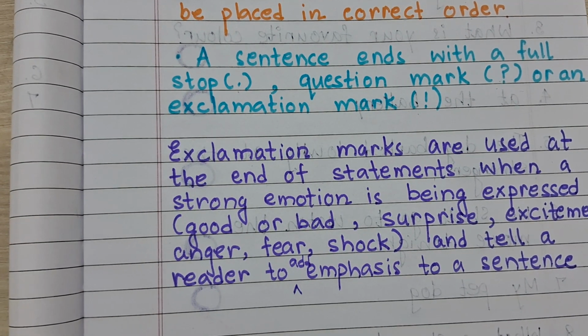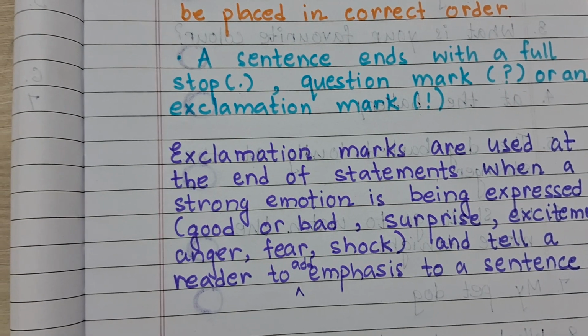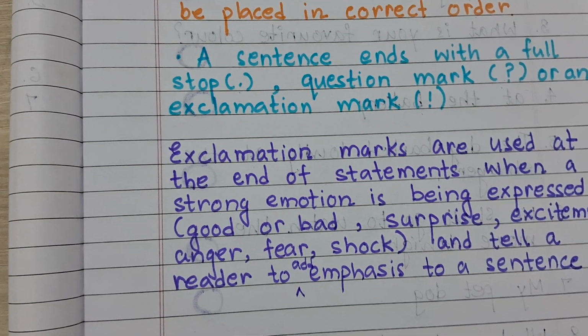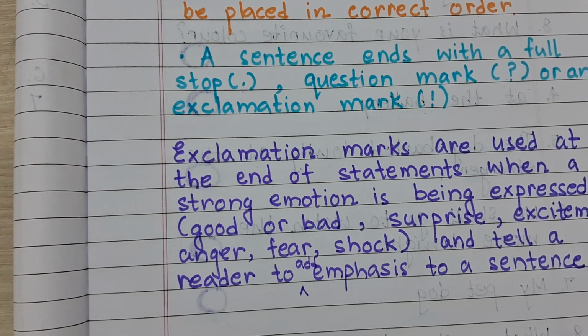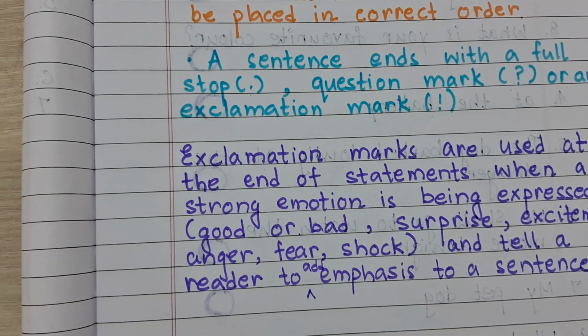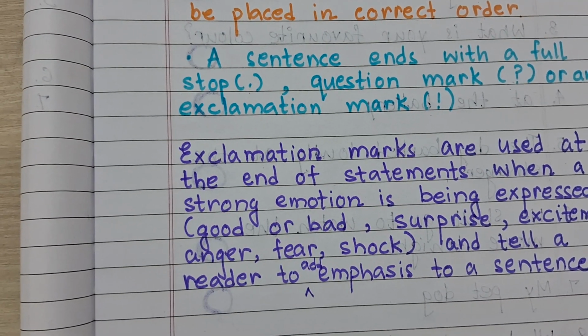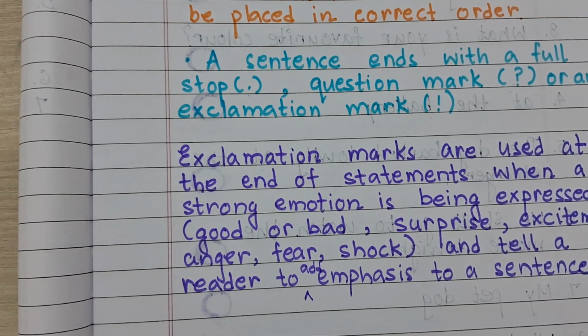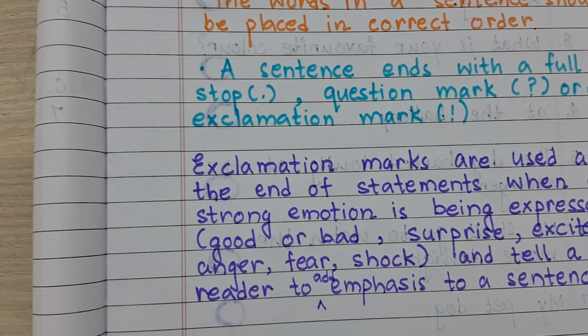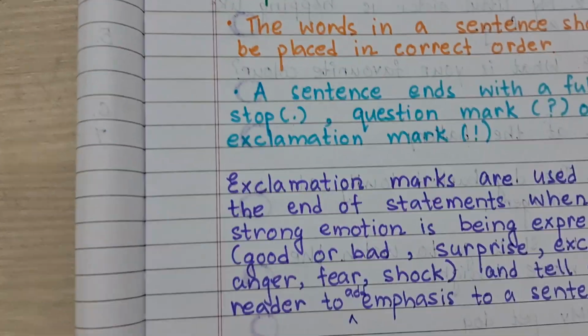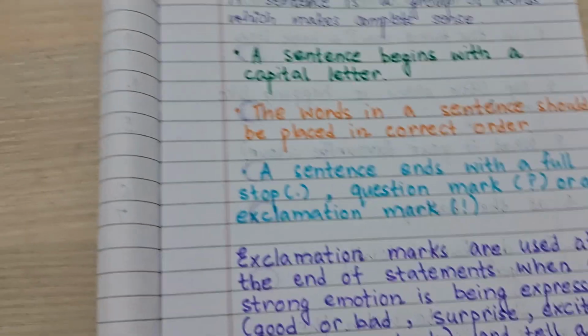So these are the kinds of sentences which depict strong emotions. As you read, you can understand where to put exclamation marks. Okay? So here you understood what a sentence is.